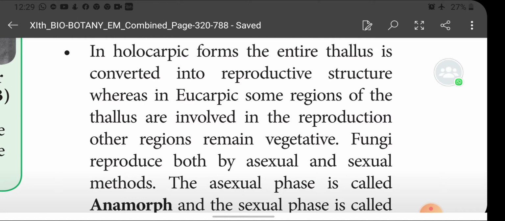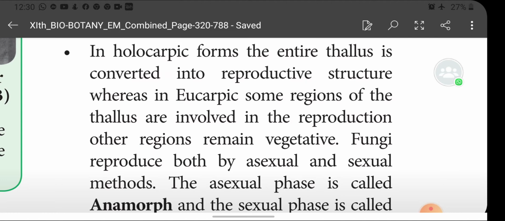But in eucarpic forms, some regions of the thallus are involved in reproduction, other regions remain vegetative. Now, what is the difference between holocarpic and eucarpic? In holocarpic fungi, the entire thallus is converted into a reproductive structure. In eucarpic, some regions are involved in reproduction and the rest remain as vegetative structure.